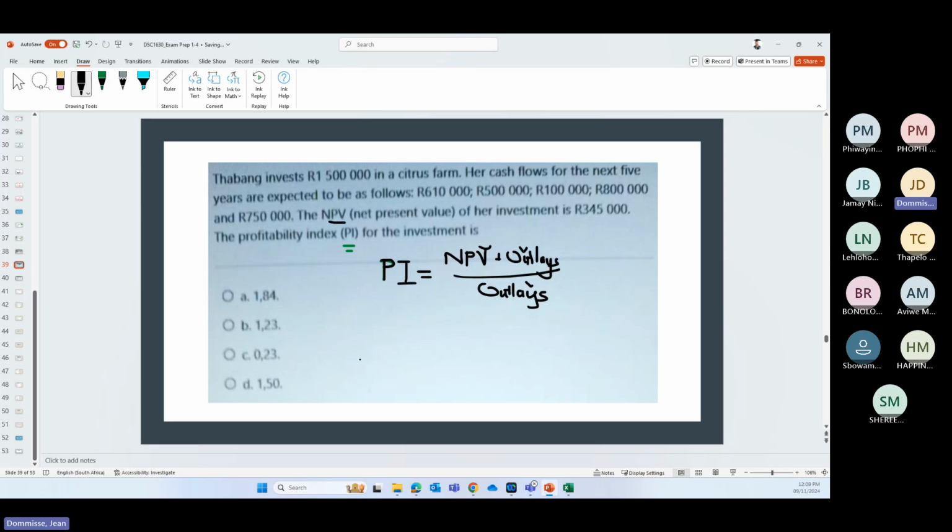So what we're testing with this question is to see if you understand how to work out the profitability index. So we've got the net present value 345,000 plus the 1,500,000.